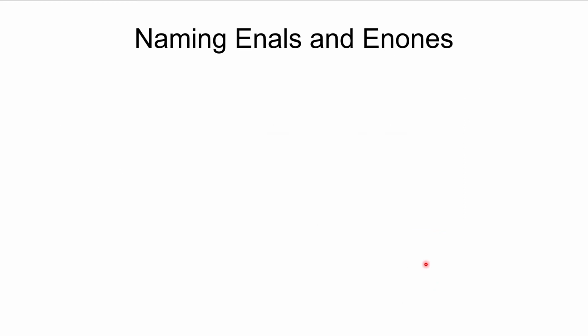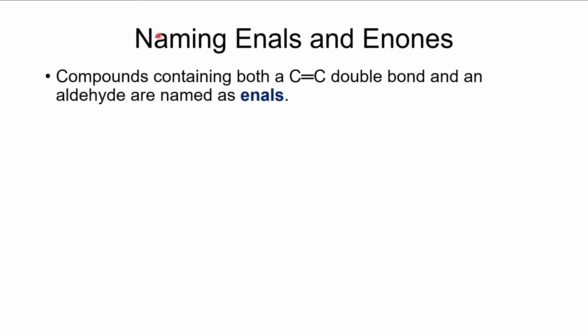All right, one last thing before we go on to our nomenclature problem on our in-class assignment. When we're naming compounds that have both a carbon-carbon double bond and an aldehyde, or a carbon-carbon double bond and a ketone, we have these special names for them. If it's got the carbon-carbon double bond and an aldehyde, we're going to refer to that as an enal.